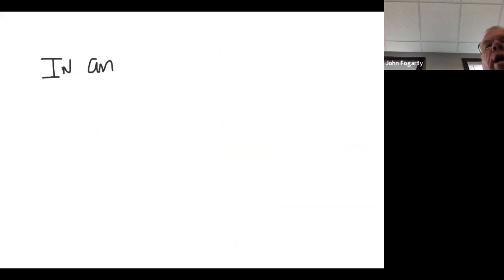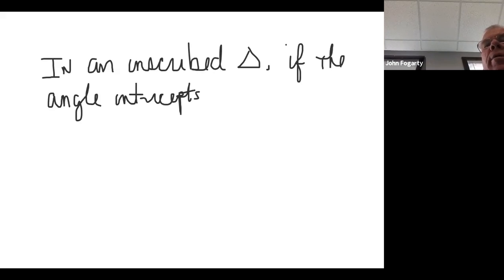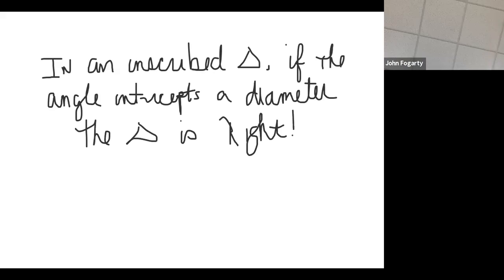First thing you learned is in an inscribed triangle, if the angle intercepts a diameter, the triangle is right. Why? Because the angle would be 90 degrees. So that's the first thing you learned today.